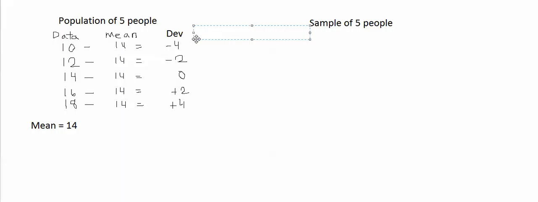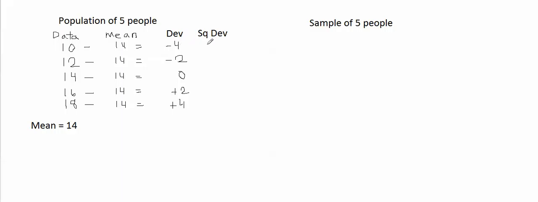The whole point of doing the absolute deviations is to be able to get the average of those absolute deviations, which is what the MAD is. But if I'm not interested in getting the MAD, I don't have to get the absolute deviations. So I have to square each deviation. So I'm skipping to the squared deviation column.